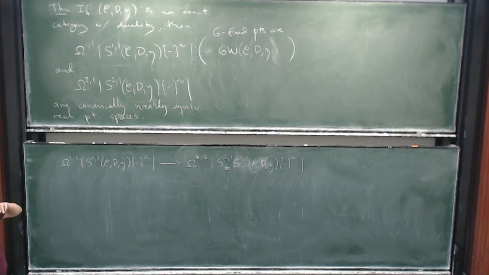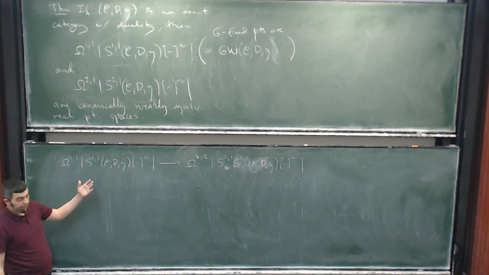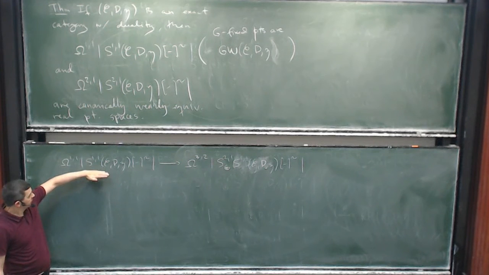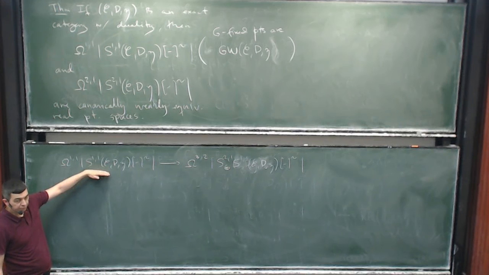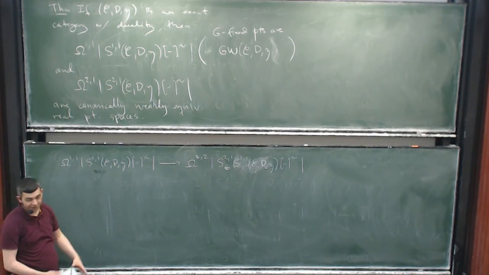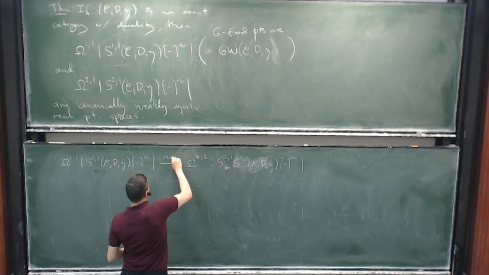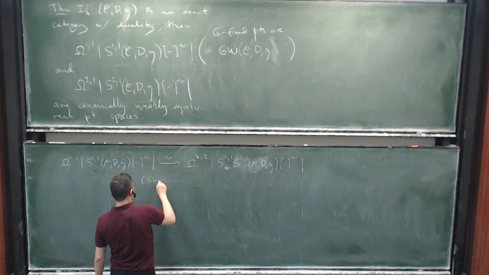Again, Shimakawa tells us that this is an equivalence provided that pi naught of this is a group and pi naught of the fixed set is a group. It turns out that pi naught of the fixed set is a group, and for me that's a miracle. I don't understand why it's true, but it is. So this is a weak equivalence by Shimakawa.